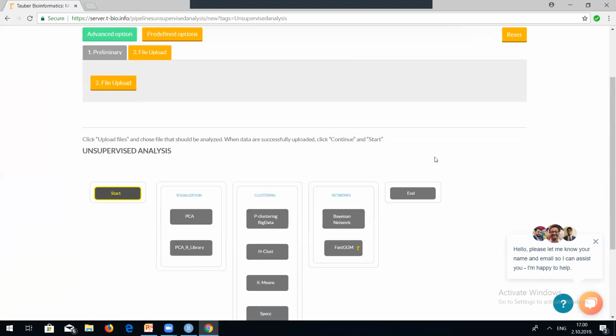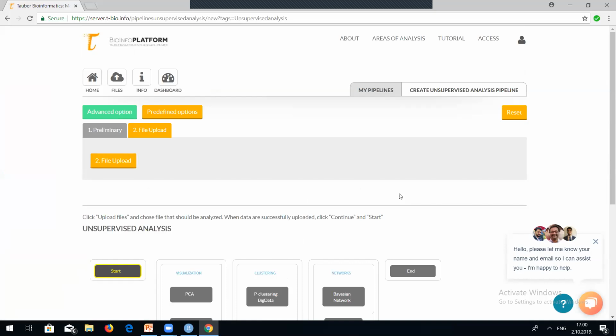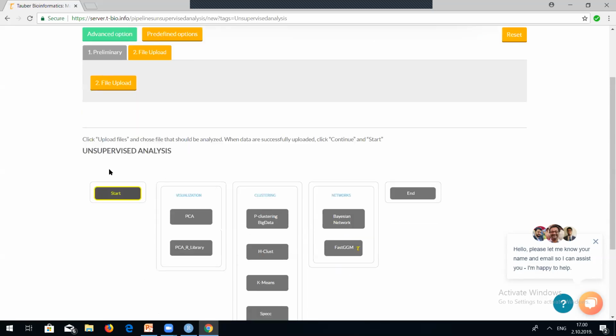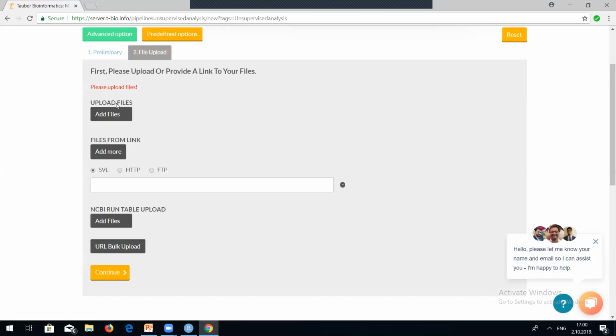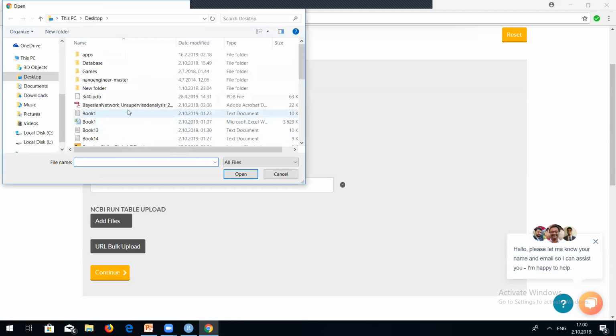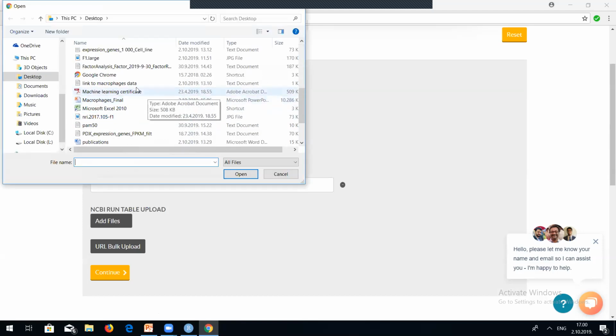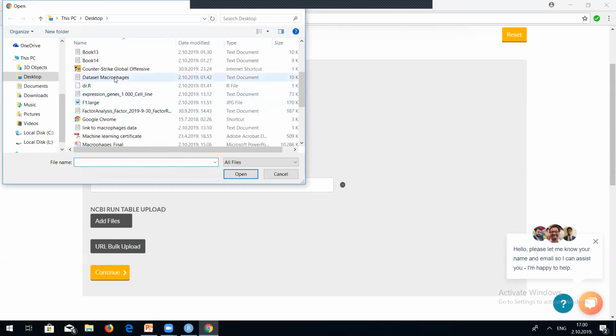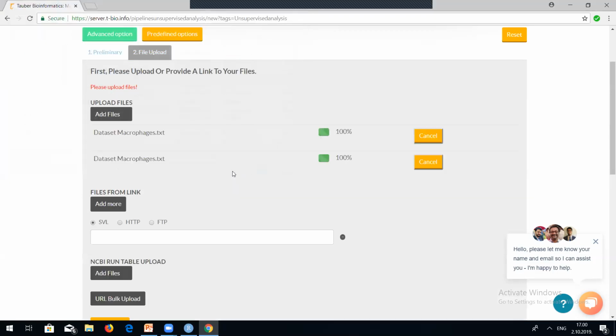Before I run the pipeline on our dataset, I will show you something that could be an issue for some of you. You noticed in our last session that I ran a few DESeq pipelines, but then when I was uploading the CSV file, something glitched, right? When I pressed file upload, let's use the dataset we are using today.